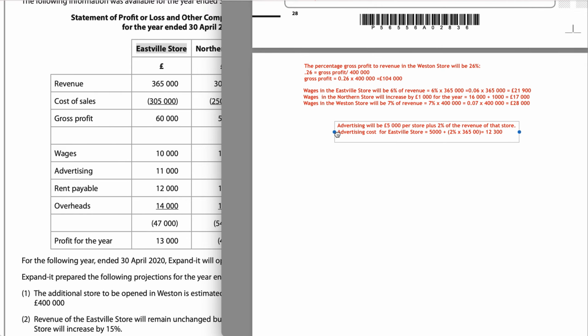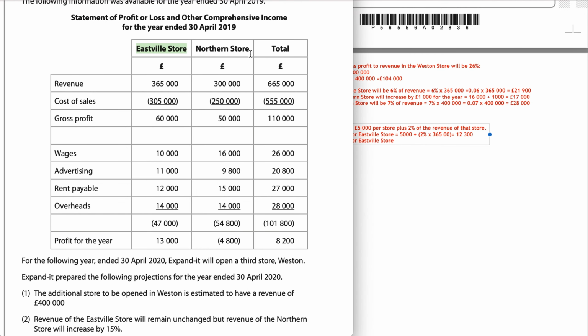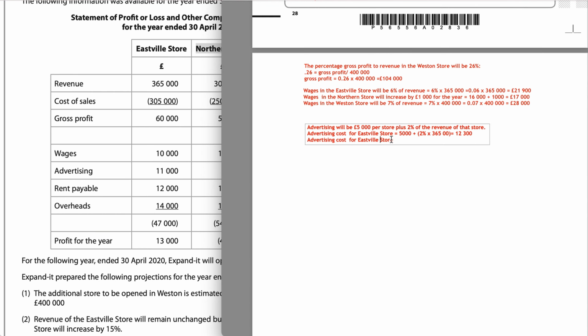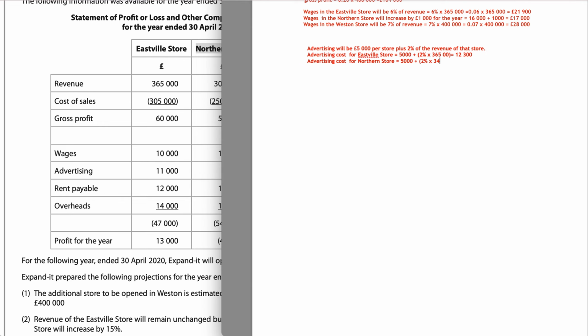The next one is the advertising cost for the northern store. That is equal to 5,000 plus 2% of the revenue, which is 345,000.